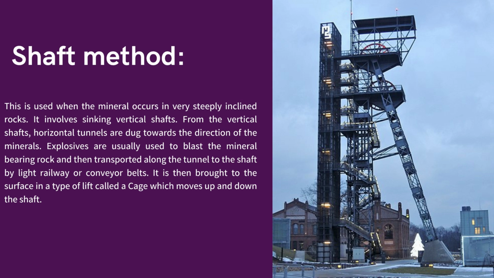Explosives are usually used to blast the mineral bearing rock, which is then transported along the tunnel to the shaft by light railway or conveyor belts. It is then brought to the surface in a type of lift called a cage, which moves up and down the shaft. So this helps to move the ore from beneath the earth crust onto the earth surface.